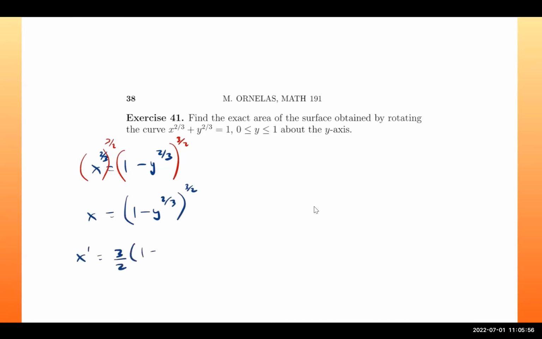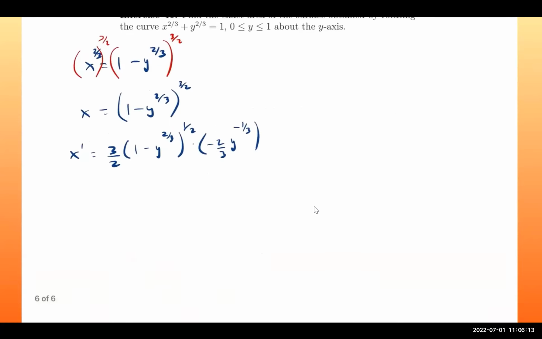All right, now if we differentiate, we're going to get x prime equals 3/2, 1 minus y to the 2/3, to the 1/2. Chain rule says times negative 2/3 y to the negative 1/3, because I differentiated the inner function. It looks like there are some simplifications: the 2s and 3s cancel.